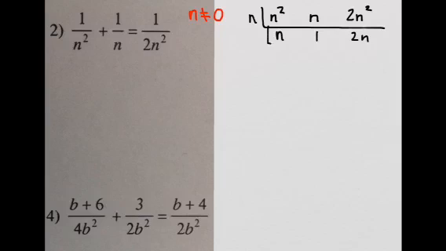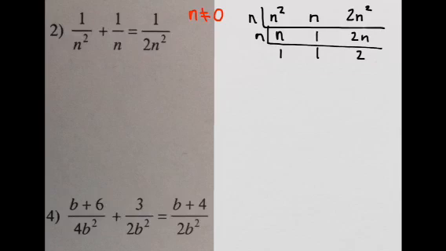Now they no longer have a common factor, all 3 of them, but 2 of them do. This one and this one have an n in common, so I'm going to take it out. When I factor out, I get a 1, just bring down the 1, and this gives me a 2. Once you don't have any more common factors with any pair, the only common factor is 1, then you're done.